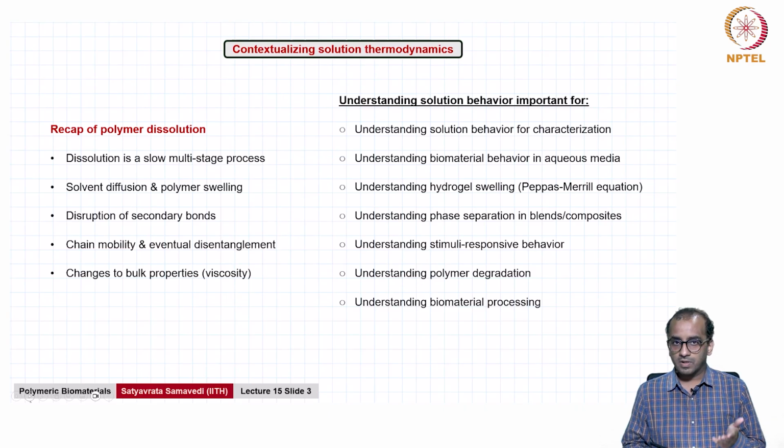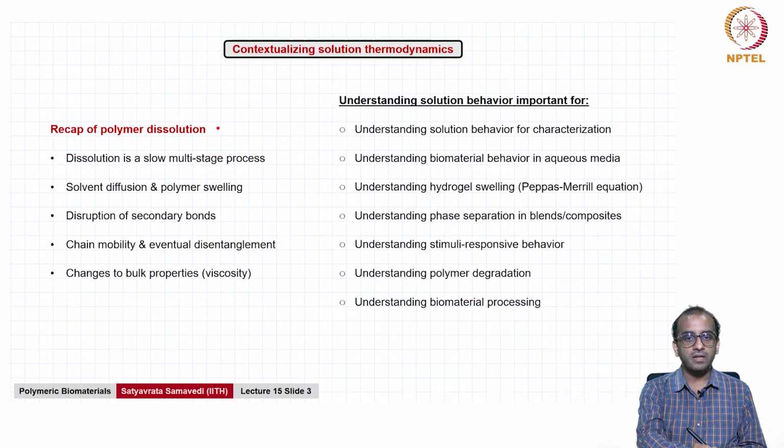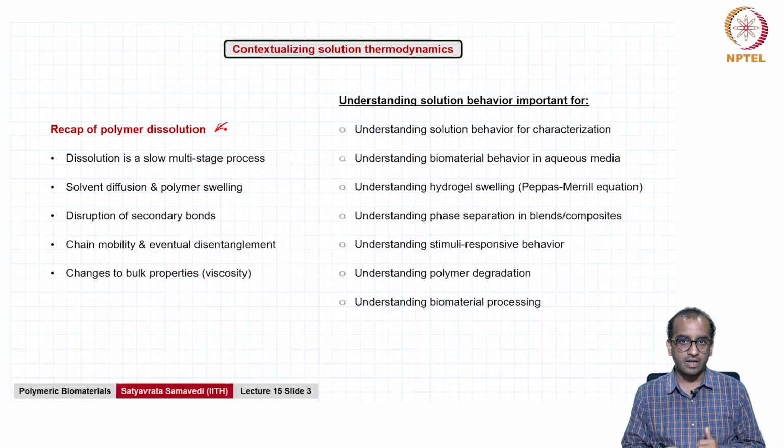So, let us first contextualize solution thermodynamics, first looking at what we have looked at in the previous lecture, namely lecture 14, where we have looked at polymer dissolution. Just to recap, we saw that dissolution was a slow and multi-stage process. Unlike for small molecules, for polymers it is a very slow process that involves multiple steps.